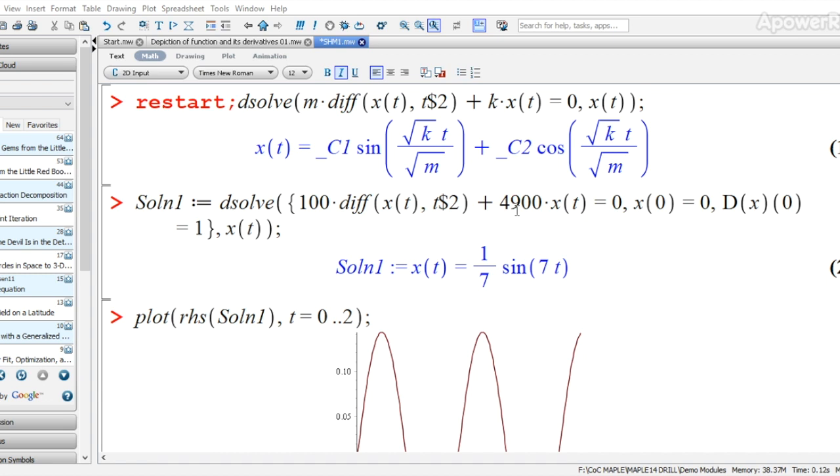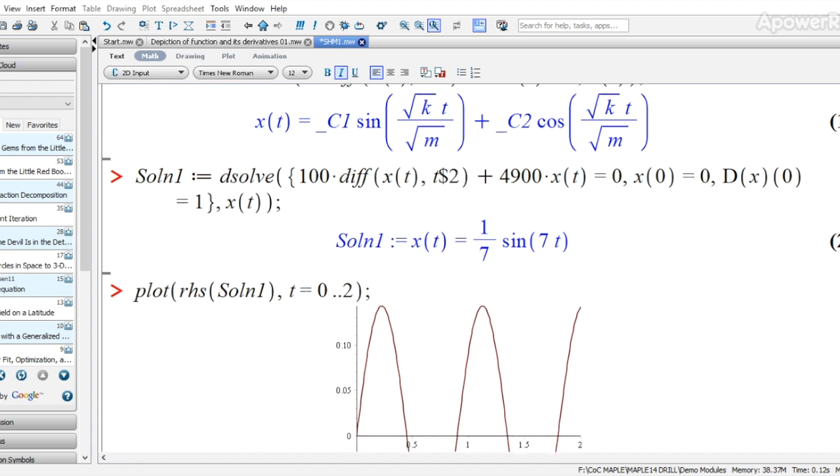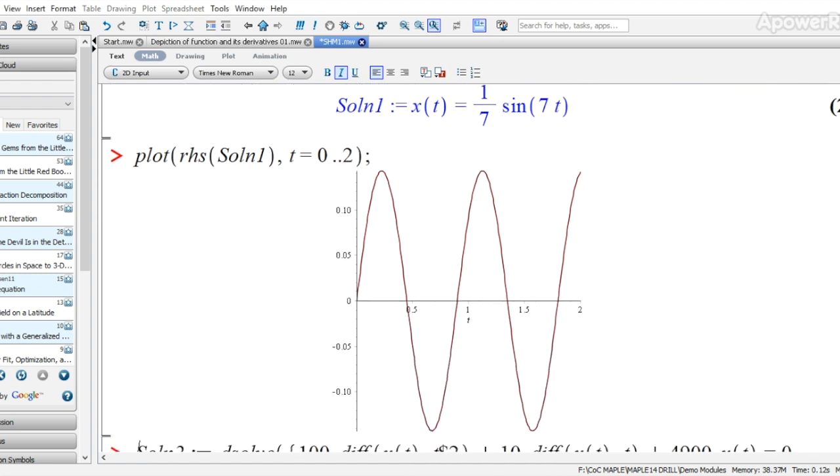So this is the second order differential equation of undamped motion, and the initial value x of 0 is equal to 0, and the first order derivative indicates equal to 1. The solution generated is this, and the plot looks like this.